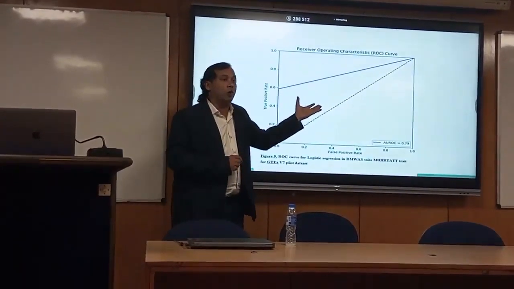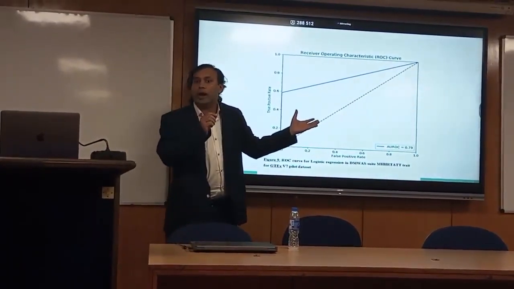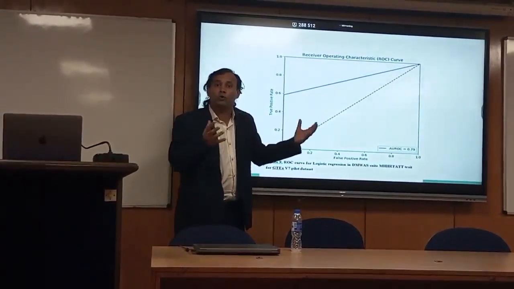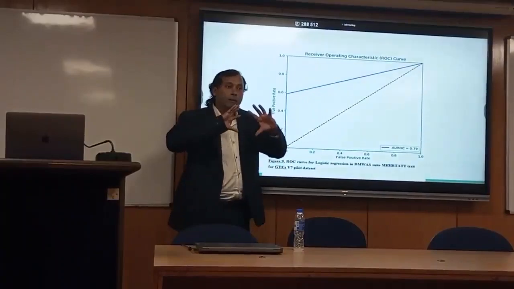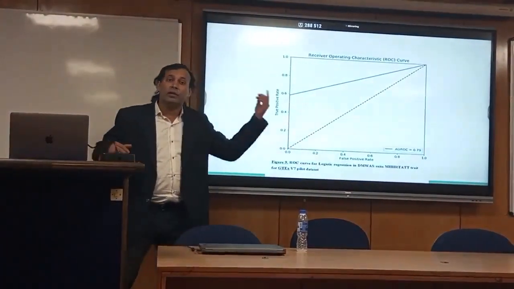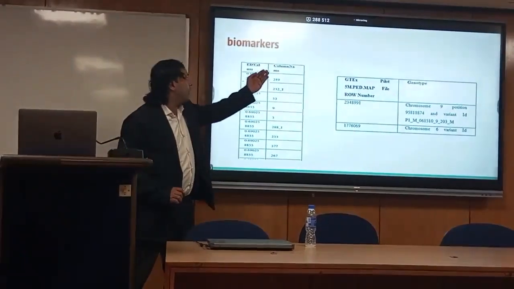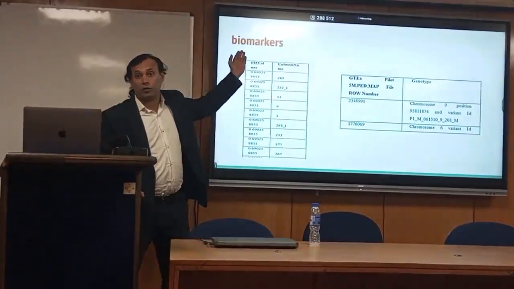Why are we making this model? The whole reason is that once we have made a model that fits the known data, that makes an impression about how things are, then we can use the model on unknown data, and we can make predictions such as biomarkers, right?